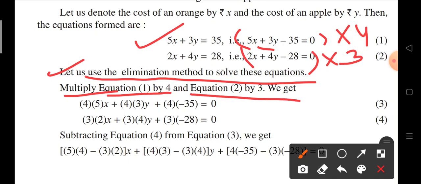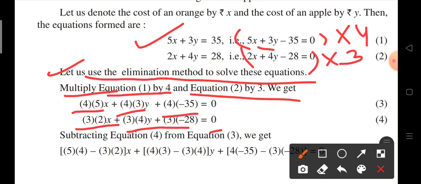So we get 4 into 5x plus 4 into 3y plus 4 into minus 35 equal to 0. Similarly 3 into 2x, 3 into 4y plus 3 into minus 28 is equal to 0.